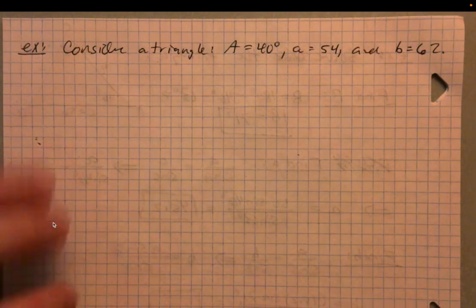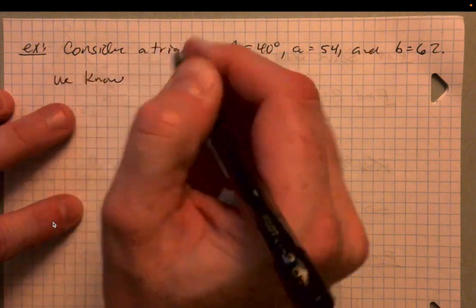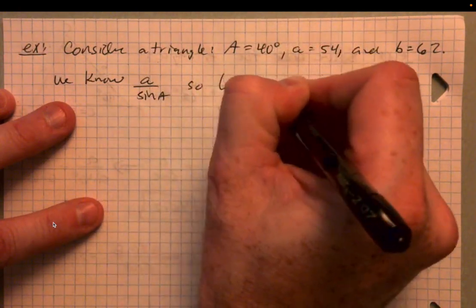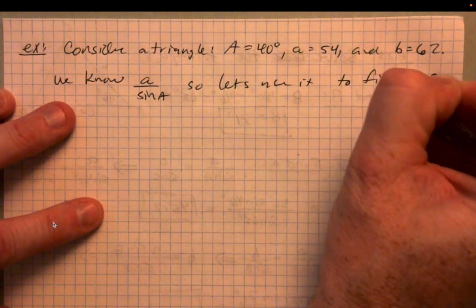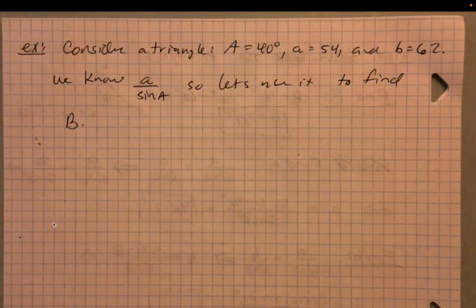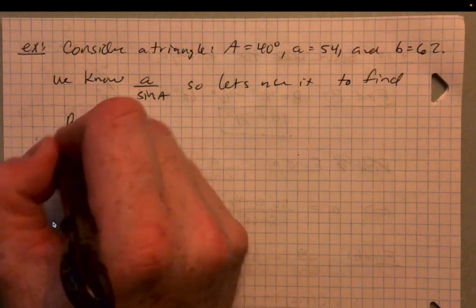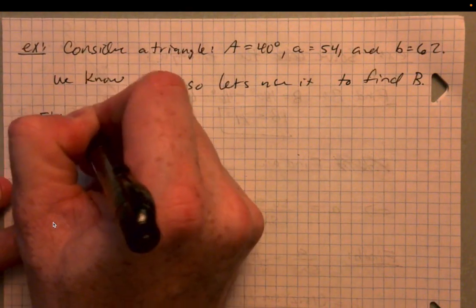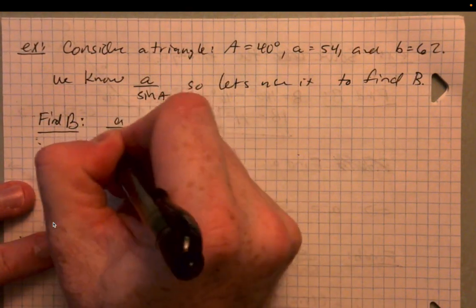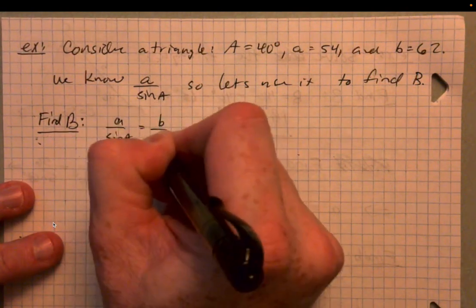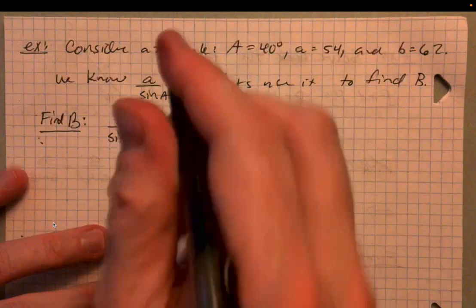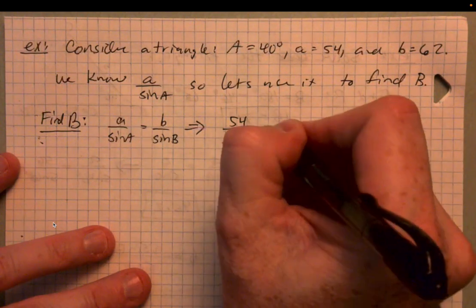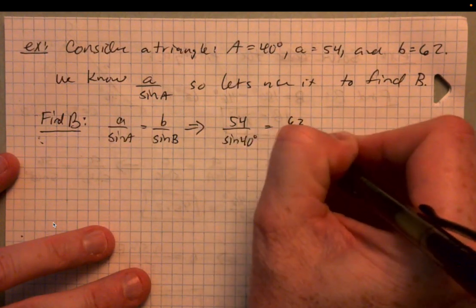So let's use this to find angle B. So we're going to go A over sine of A equals B over sine of B. Okay, we can plug those values in, so I get 54 over sine of 40 equals 62 over sine of B.